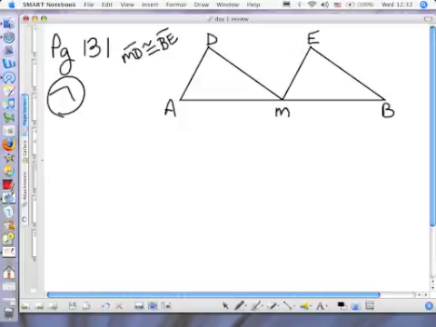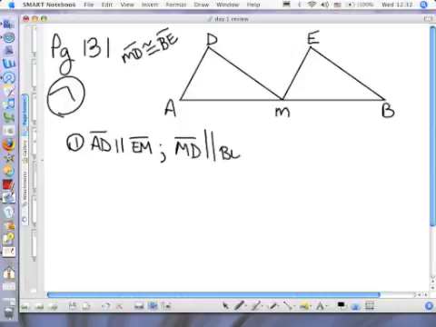Now, in number 7, we are told first that AD is parallel to EM, or ME, same thing. And the second statement is the exact same, just 2 more lines that are parallel, so we'll just make it all in one: MD is parallel to BE. We know this information because it was given to us.